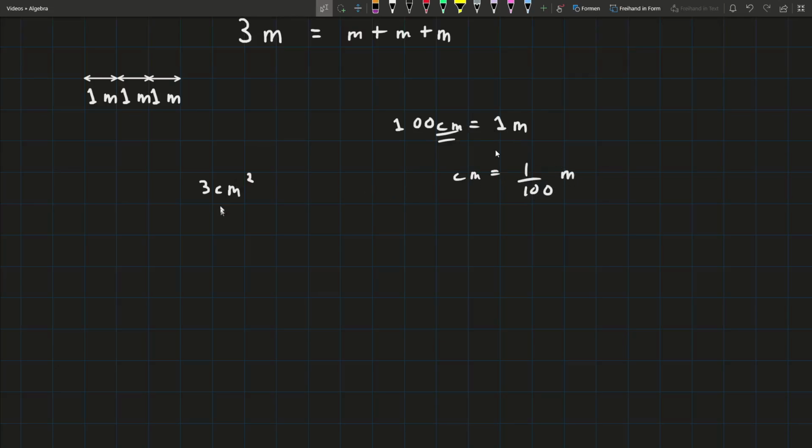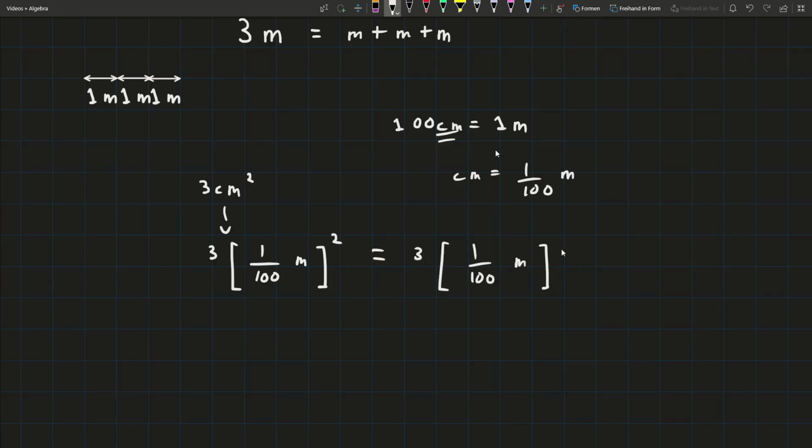Okay, and that means what I can do here is say 3, and replace cm squared with 1 over 100 m, and that's what cm is, so that whole thing is going to be squared. And this is just such a more intuitive way of doing it than trying to memorize, oh, multiply by 10 to the 4, which I've realized now is not 100. Because now you get practice with the laws of indices, but if you don't know the laws of indices, you can just write this out twice. That's what squaring means.